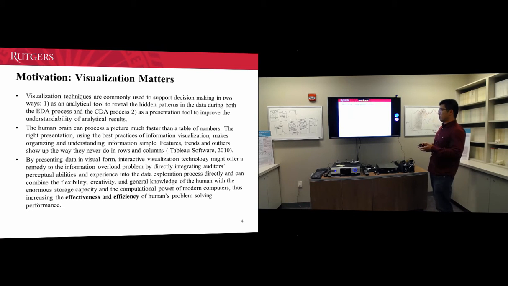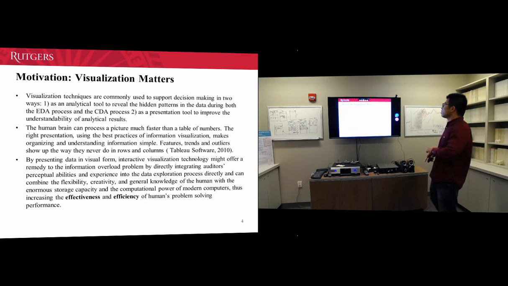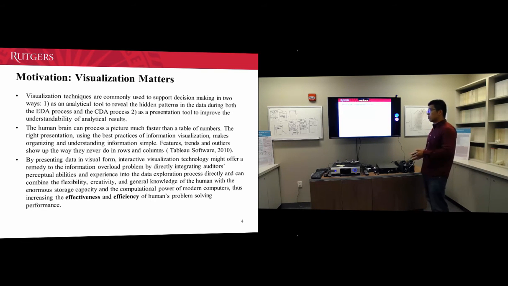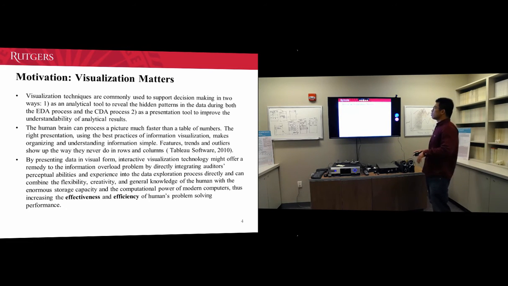Another motivation is, obviously, that I think visualization matters. It can be used to deal with the problem of information overload. Visualization techniques are commonly used to support decision making in two different stages. First is the analysis stage, in both the exploratory data analysis process and the confirmatory data analysis process, and the second stage is the presentation stage.